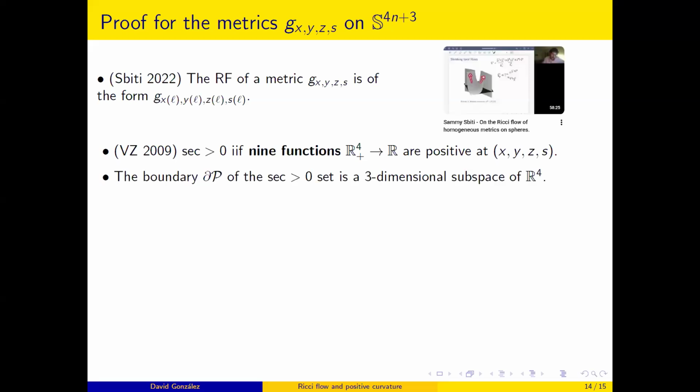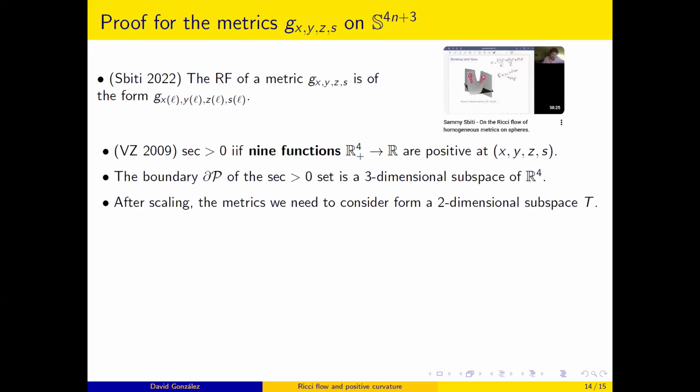Okay, still, the boundary of this set is a three-dimensional subset of R4. It might have corners. Again, up to scaling, a lot of these metrics are the same. So essentially, we just need to deal with a subset of dimension 2.